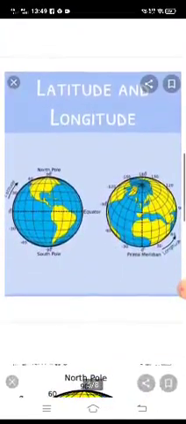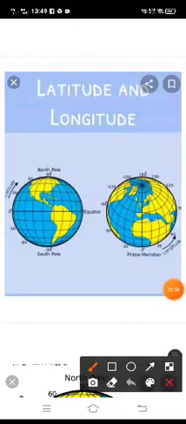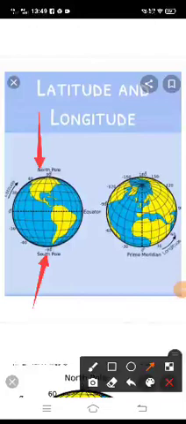So now bacha, let's learn more about the parallels and the meridians. Now you can see in this picture, the upper side is the North Pole and the lower side is the South Pole. There are horizontal lines and vertical lines.